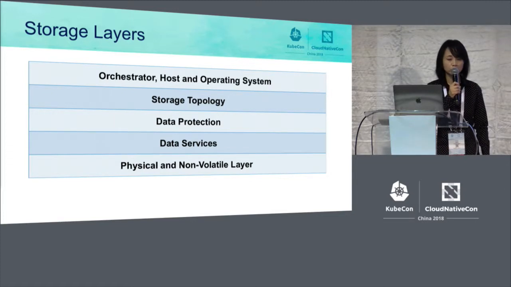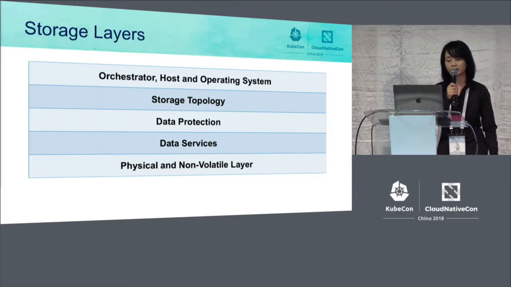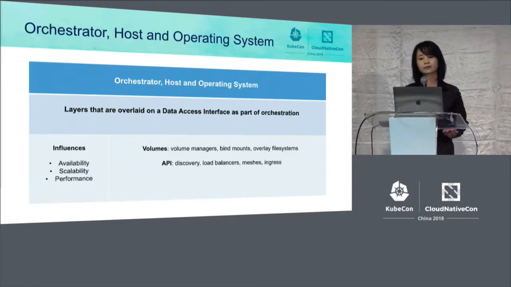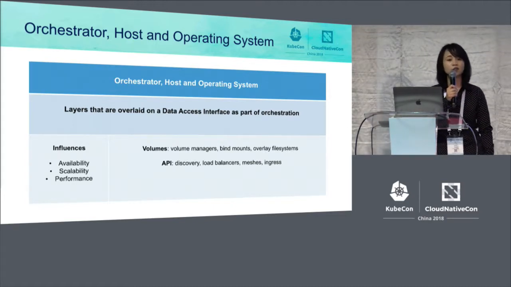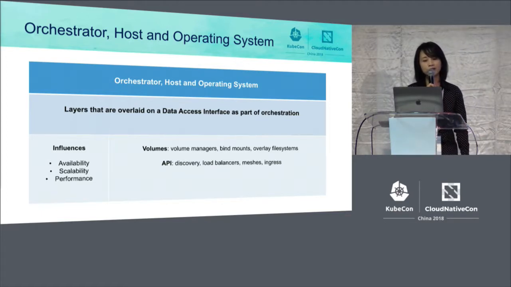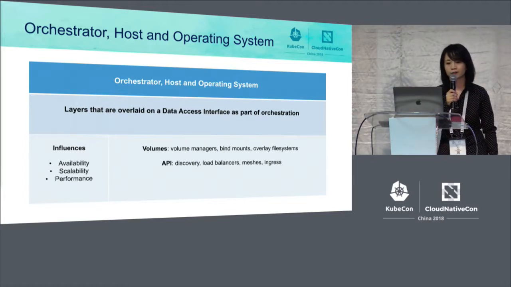There are many storage layers that could impact the attributes of a storage system. So I will go over those layers. There are layers that are overlaid on top of the data access interface as part of the orchestration that would have an impact on the attributes of the storage systems.